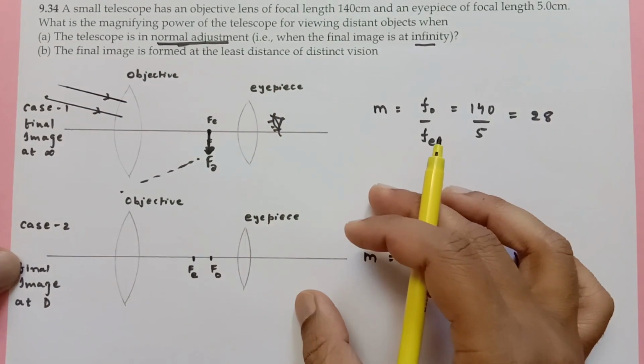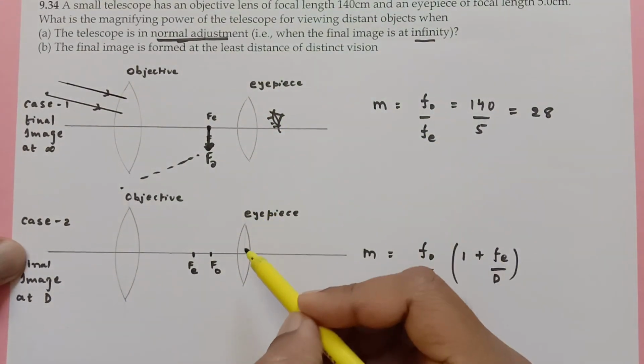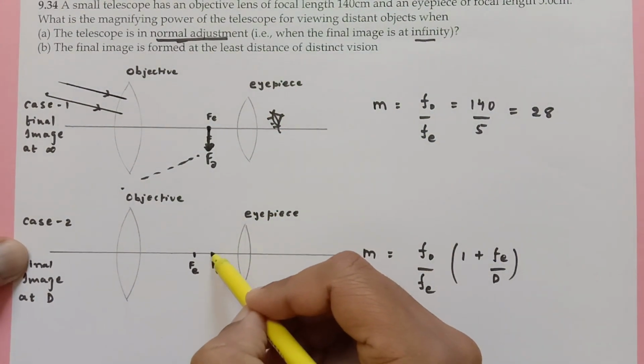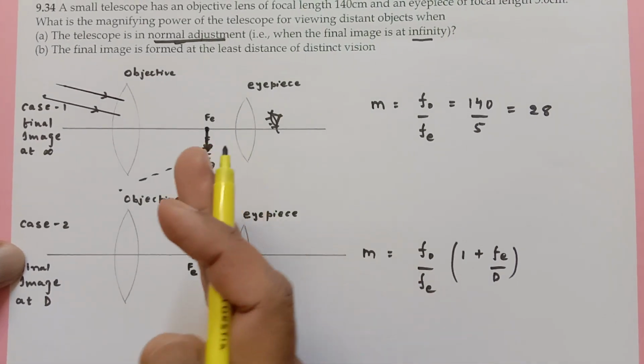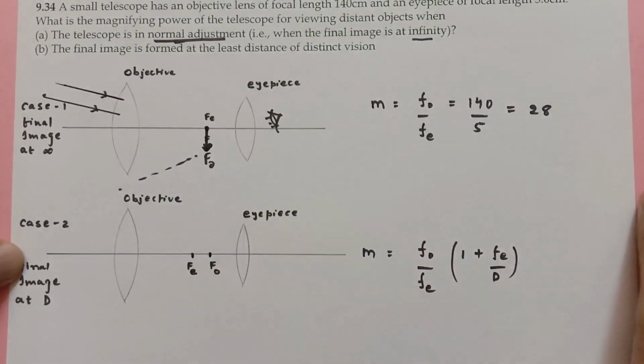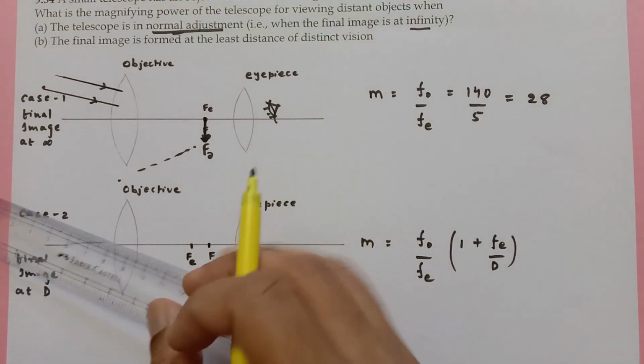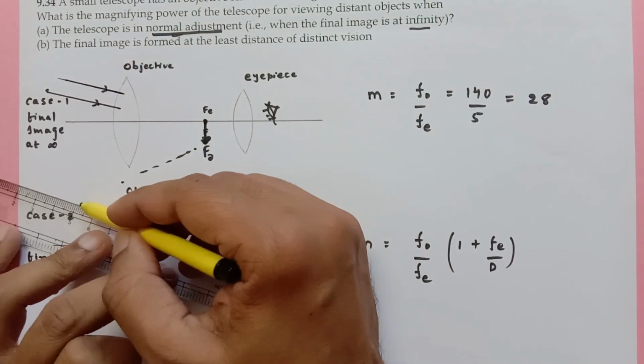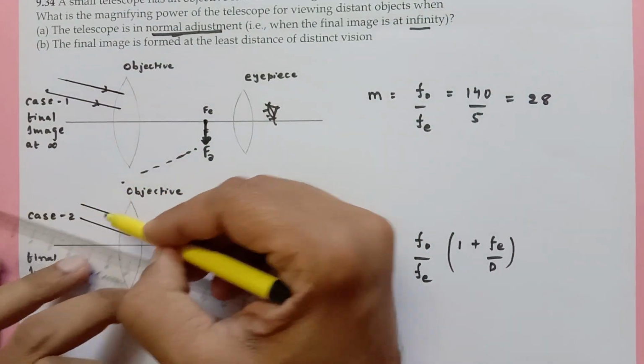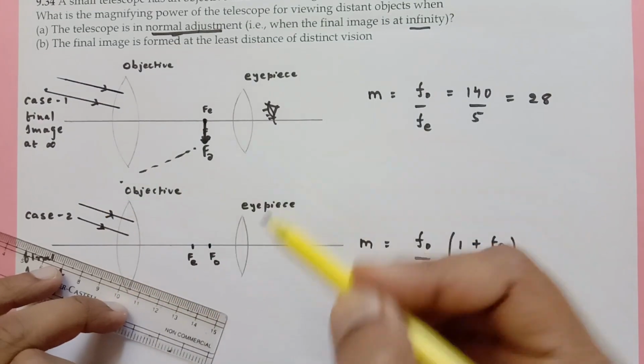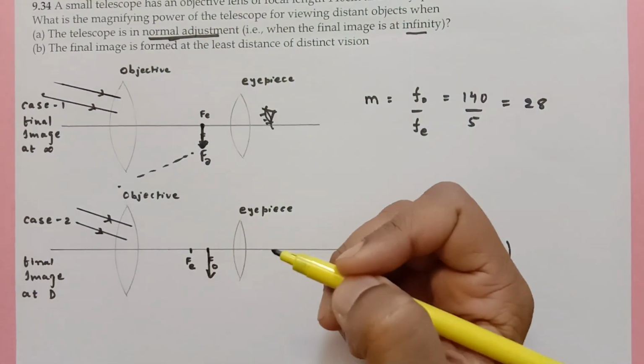Now in the other case, as you can see, the focus of the objective is here and the focus of the eyepiece is towards the left hand side. Now again, since the object is at infinity like this, the image will be formed at the focus of the objective.